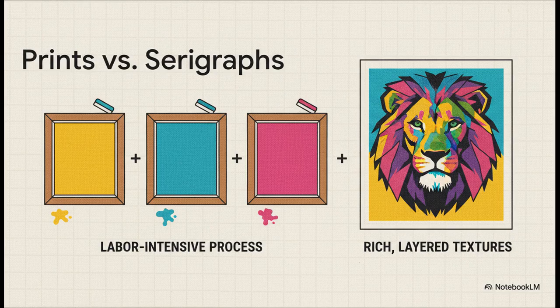It uses separate screens for each individual color to build up these really rich, layered textures. This takes a ton of skill and artist involvement, kind of like creating a really clean vector file and then a precise digitizing plan. And just like our embroidery example, that extra care and effort in the creation process leads to a higher quality and often a more valuable final product.